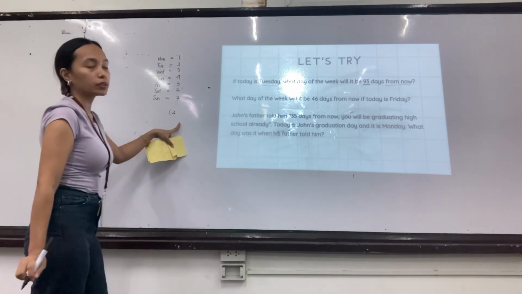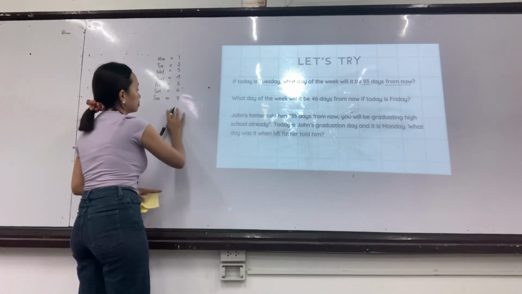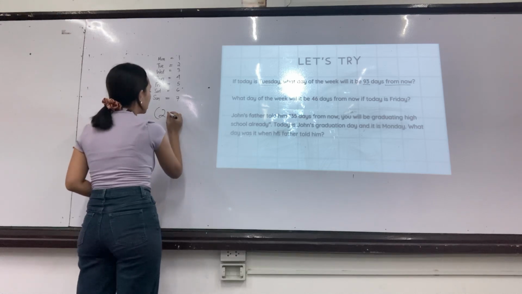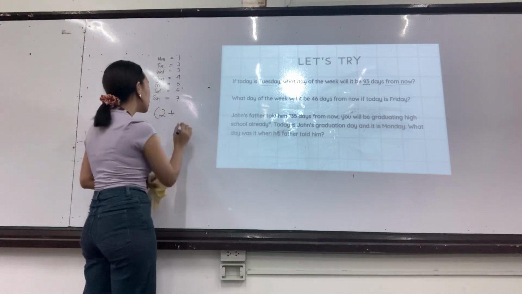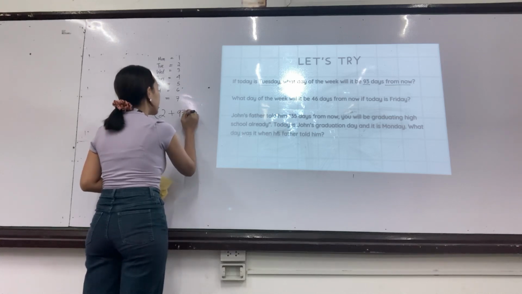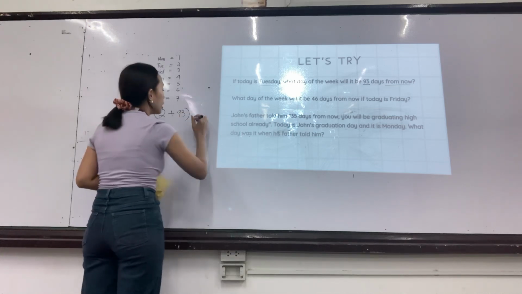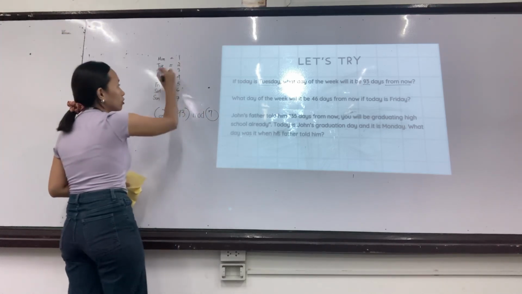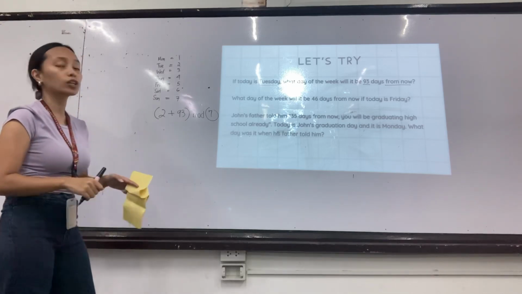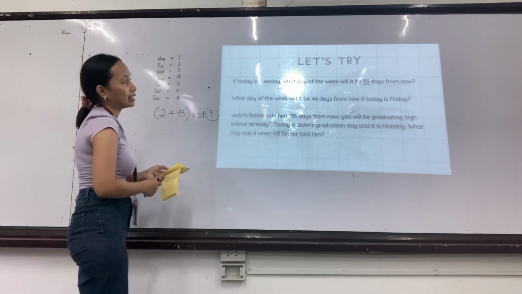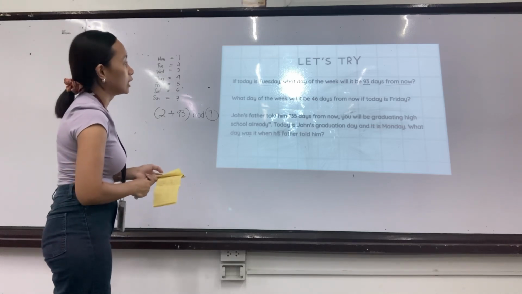So we write 2, and then since we are dealing with addition, let's put an addition symbol, and then 93. And then our modulo value should be 7. Why 7? Because we are dealing with 7 days of the week. Because a week consists of 7 days.